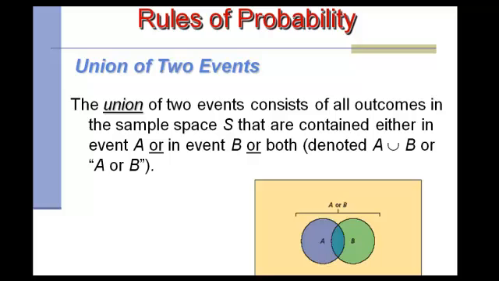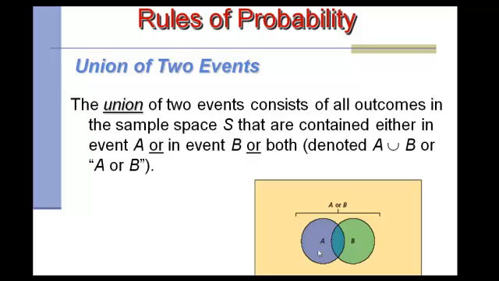There are some words that you're going to have to get used to. I confuse them all the time, so if you do, don't feel alone. It's just kind of the nature of the beast. So there is something called the union. When you see the word union, think or. A or B. So we've got two events.